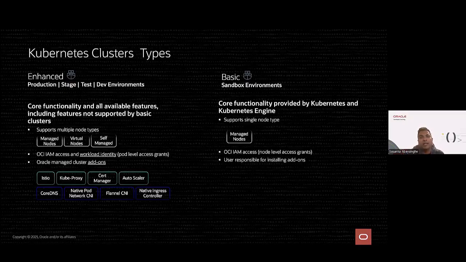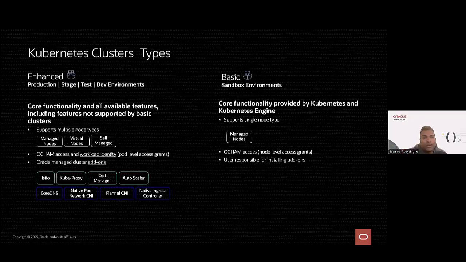The other one is the basic cluster, which we mostly use as a sandbox environment, if you only need the core functionality provided by Kubernetes Engine. But for production-ready or testing environments, we highly recommend the enhanced mode, which includes all the features not supported by the basic cluster.